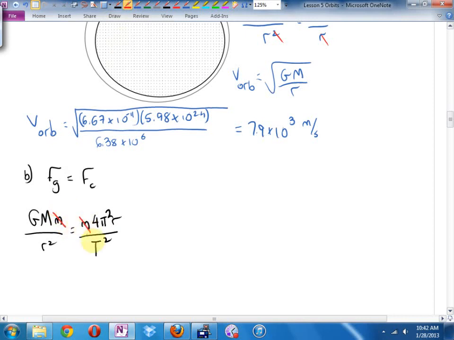The mass cancels. Does an r cancel? No, in fact, if you move the r squared up, you can see we're going to get an r cubed kicking around here. If I want to get the t by itself, I think I'm going to end up with t squared equals 4 pi squared r cubed over big G, big M. Oh, are you saying that I didn't need to write the t squared, that I could have gone straight to this? I like that.